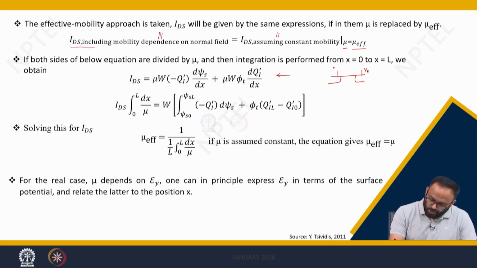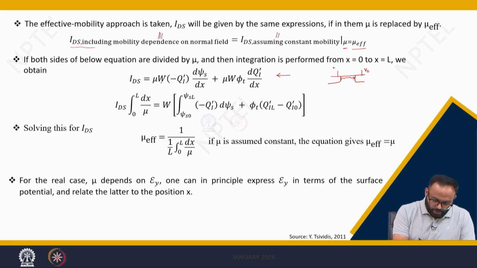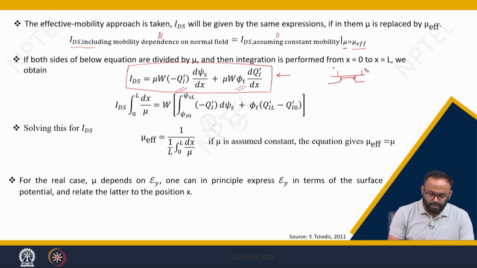Now, as the carriers are moving between source and drain, the mobility also changes along this direction. So, can I define the effective mobility along the x direction? For doing so, we are rewriting the same equation again, which is nothing but the drift part plus the diffusion part. Instead of integrating considering mu as constant, what we need to do is I_DS divided by mu, and now you need to integrate. Why? Because mu is also changing along x.